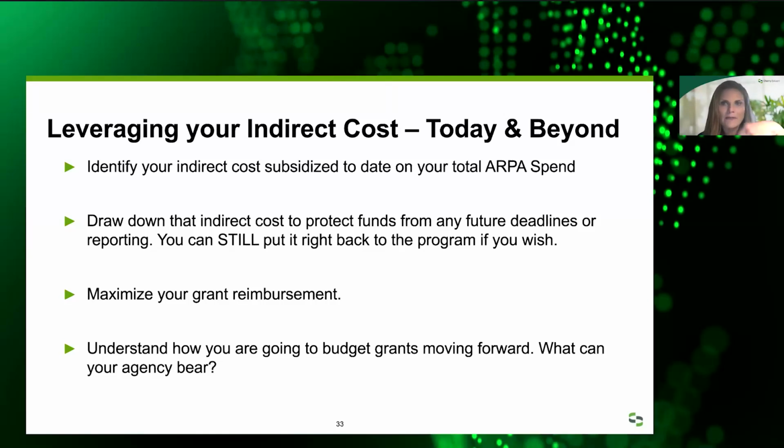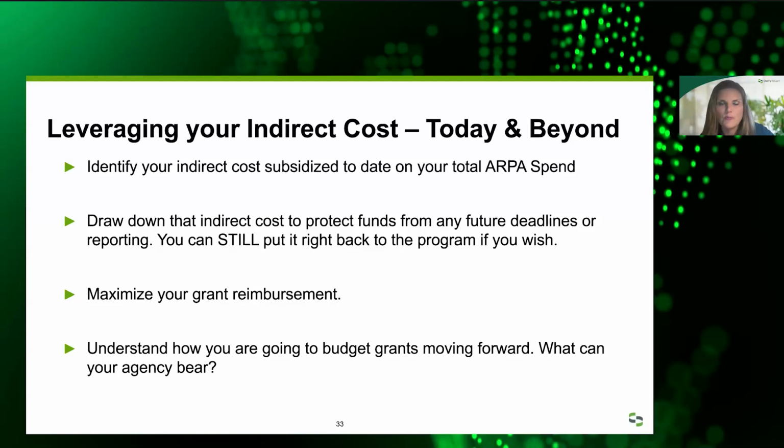So if you have a project that you're working on under the ARPA funds and you had a budget that said, we're going to spend $15 million on this program, this does not relate to the administration that you set aside. This relates to your spend on that program specific. So your indirect cost is program specific.